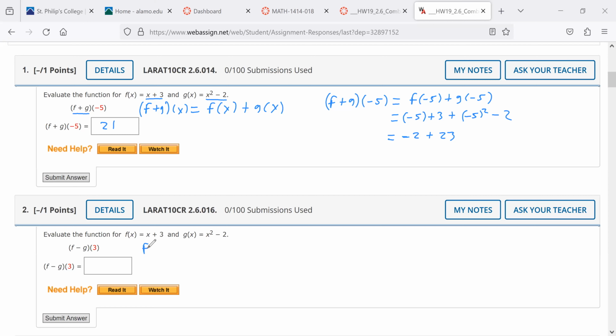So if you see f minus g of x, the formula basically tells you to add the f and, or sorry, subtract the f and g. Those same functions, just plug in 3 and then subtract.